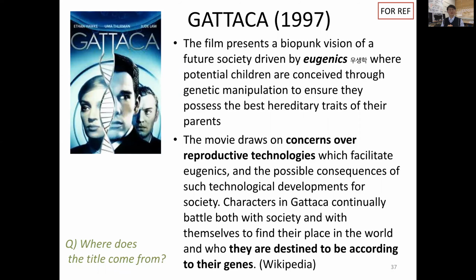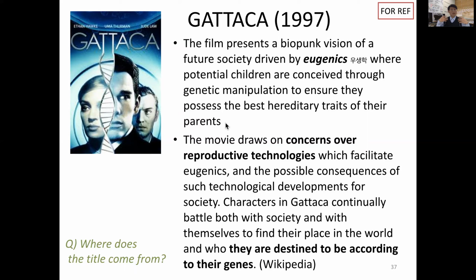I also want to introduce one interesting movie related to this, a film which opened in 1997 called Gattaca. This film describes a future society of eugenics, where potential children are conceived through genetic manipulation to ensure they possess the best hereditary traits of their parents.